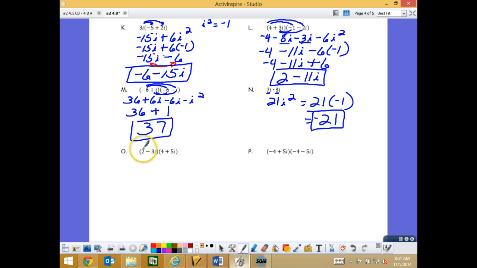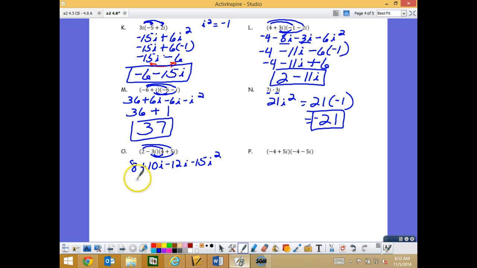Moving on to O and FOILing. 2 times 4 is 8. 2 times 5i is 10i. Negative 3i times 4 is negative 12i. Negative 3i times 5i is negative 15i squared.